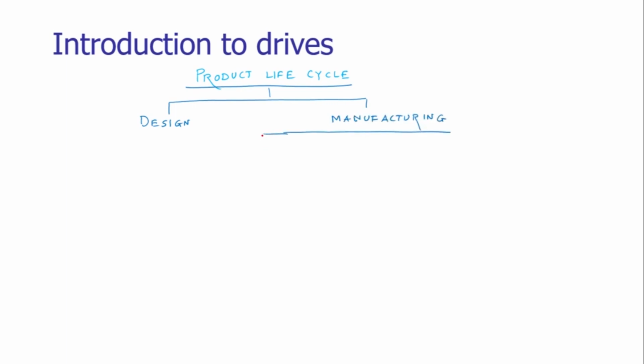If we refer to the product life cycle, we have seen basically two different sets of activities, which are design related activities and manufacturing related activities. In manufacturing, we have seen that basically four operations need to be carried out. These are production, quality control, packaging, and shipping.